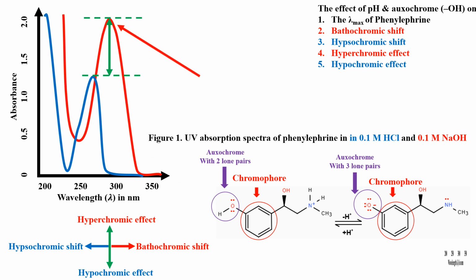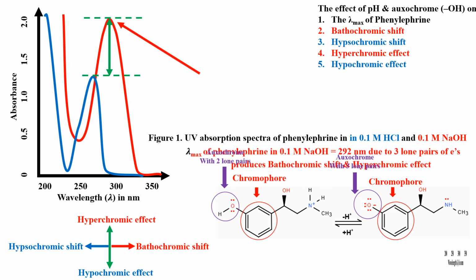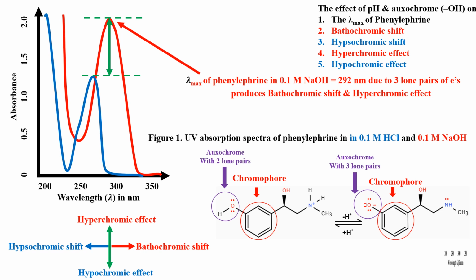And as a result, you can see that the lambda max of phenylephrine under basic condition, that is in 0.1 molar sodium hydroxide, is 292 nanometers, and it produces bathochromic shift as well as hyperchromic effect.